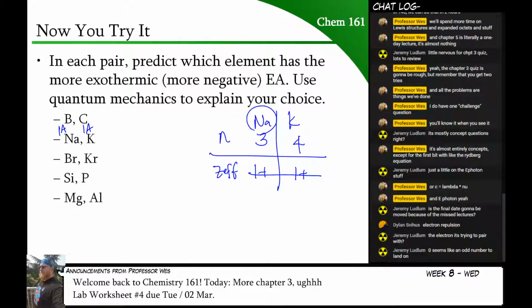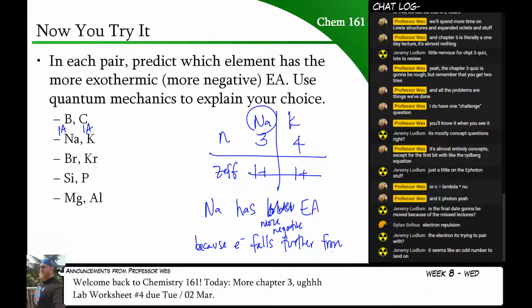That's sodium. So sodium has lower EA. I don't want to write lower. More negative, because the electron falls further from n equals infinity.